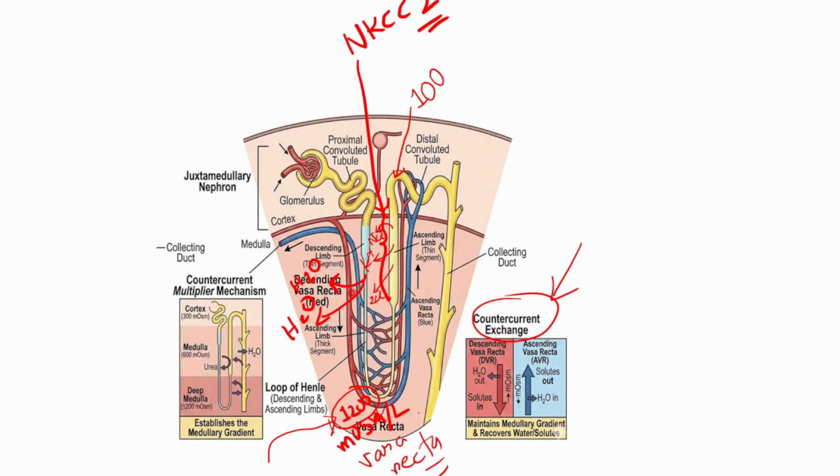As the descending vasa recta, this is the descending portion, as this descending vasa recta blood flows down into the hypertonic medulla. Hypertonic means the osmolarity is more than the osmolarity of blood or plasma. When the fluid flows down into this area, it passively gains solute and loses water. That means it will pick up solutes, but it will lose the water it has.